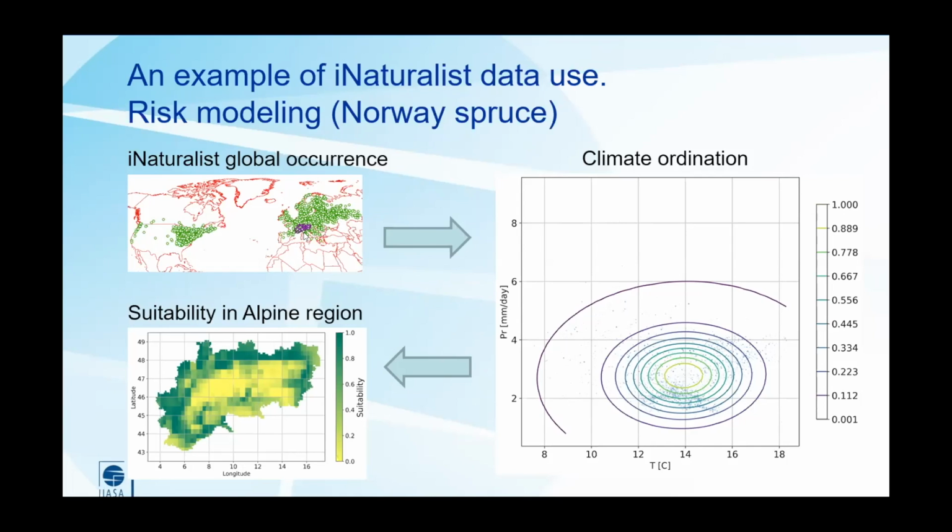We take this information, overlay it with climate information, and then make a climate orientation: what temperature Norway spruce prefers, what precipitation it likes, and so on, and soil information. Then we managed to make a map for the Alps where spruce prefers to grow, where it feels the best. So basically everywhere, despite the high mountains.